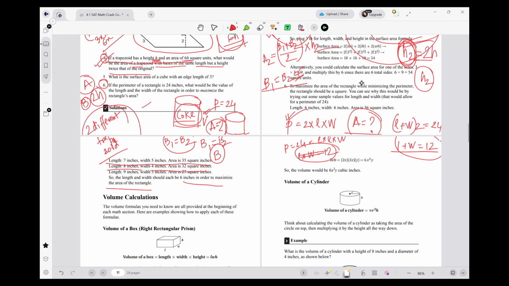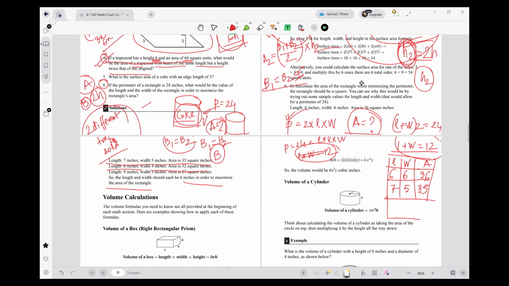Because they're giving you the perimeter, you just need to find out the maximum area. So they're trying to make a table with columns L, W, and area. For an example, when L is 6 and the width is also 6, the area becomes 36. When L equals 7 and the width equals 5, it becomes 35.